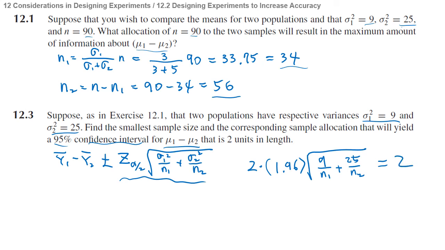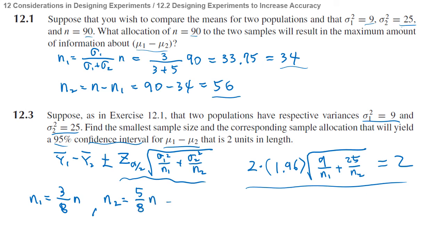So we need to solve this equation, and what we know is n1 is 3 over 8 n, and n2 is 5 over 8 n.